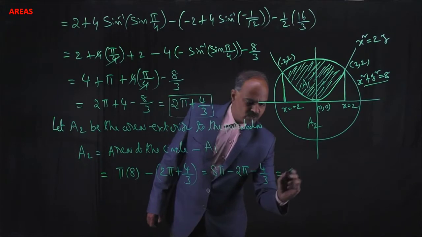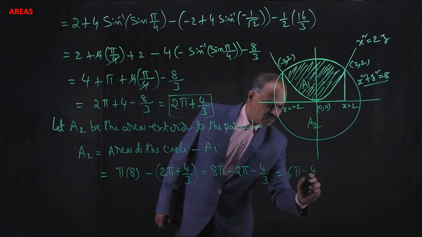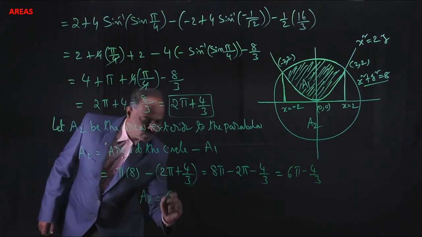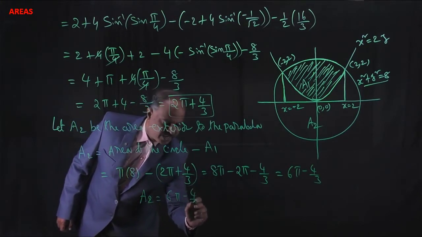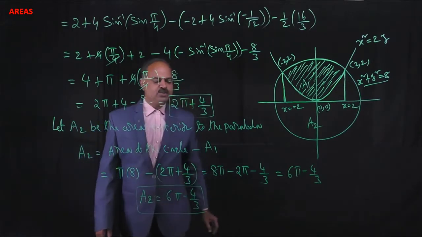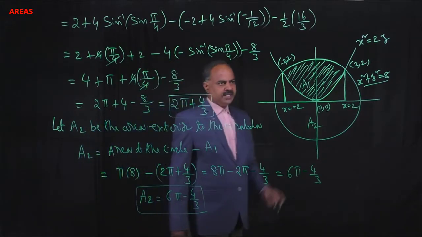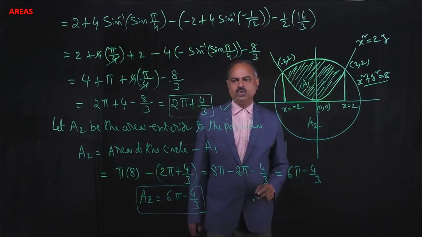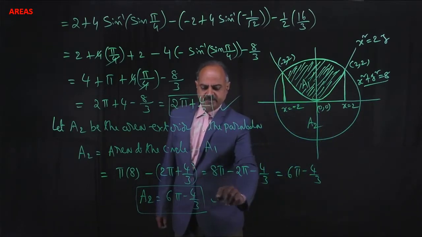So that is equals to 6 pi minus 4 by 3. So A2 is equals to 6 pi minus 4 by 3. So the area exterior to the parabola is 6 pi minus 4 by 3. Area interior to the parabola A1 is equals to 2 pi plus 4 by 3.